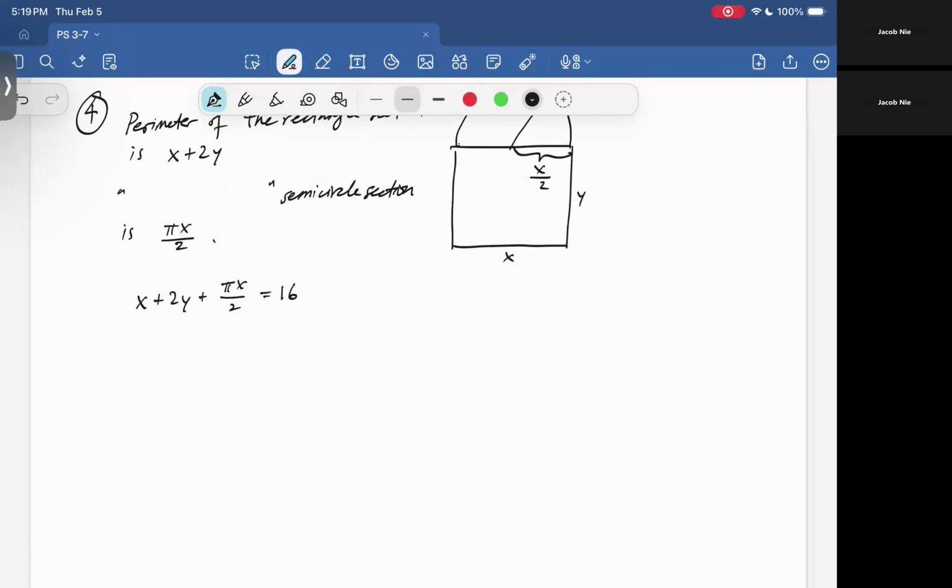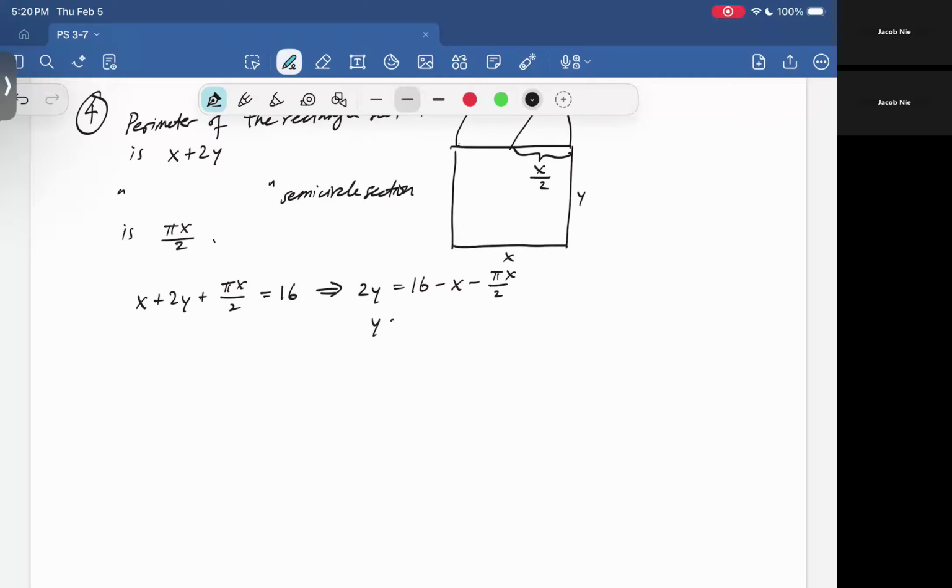So now it's probably going to be helpful to try and rewrite y in terms of x. So we'll try to isolate y. This is going to be 2y equals 16 minus x minus pi x over 2, or pi over 2 times x.